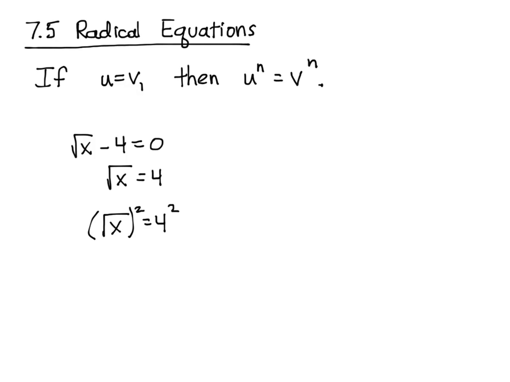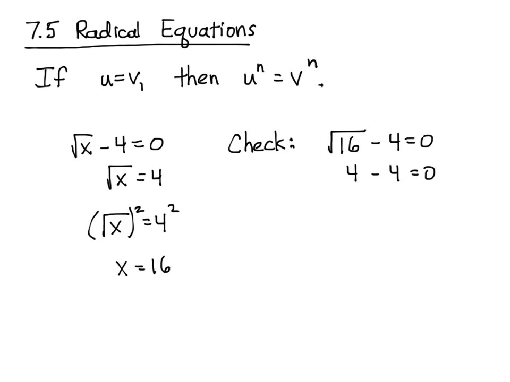And so then the left side just becomes x, and the right side equals 16. Now, with these, just like with absolute values, it's important that we check. So if x equals 16, I'll insert 16 where the x was, and I get 4 minus 4 is 0, and so it works out.